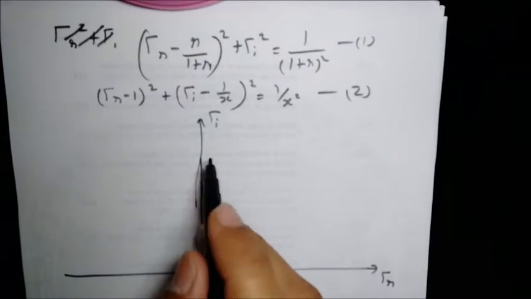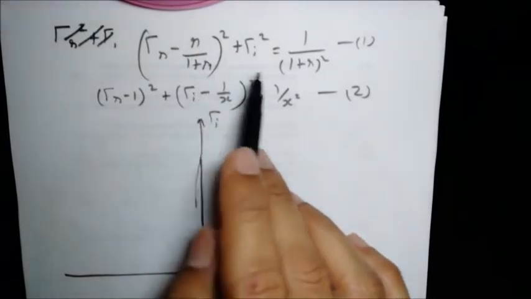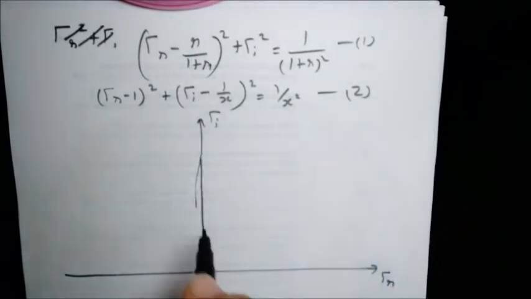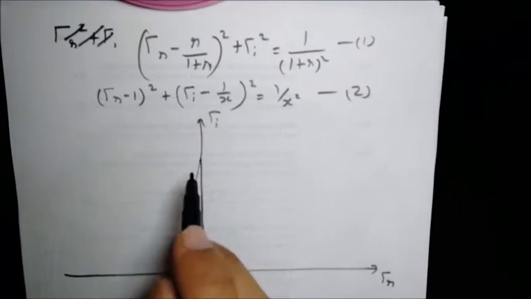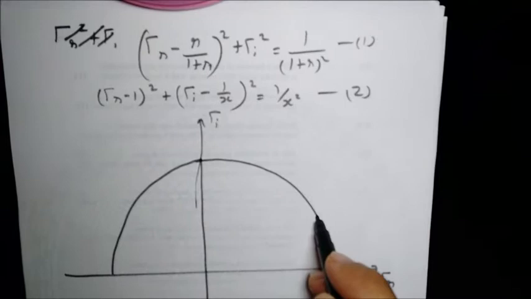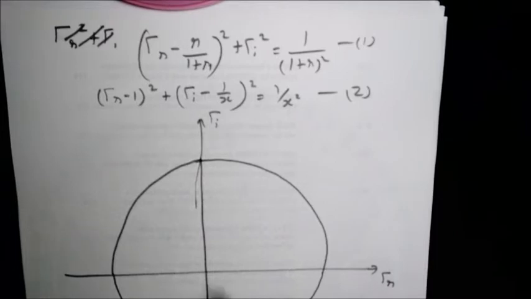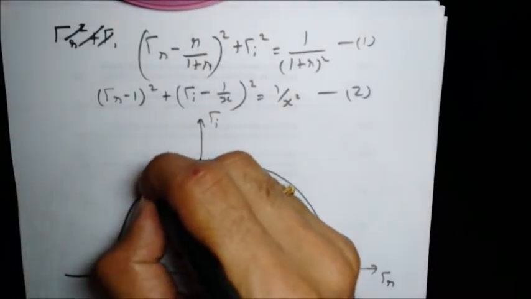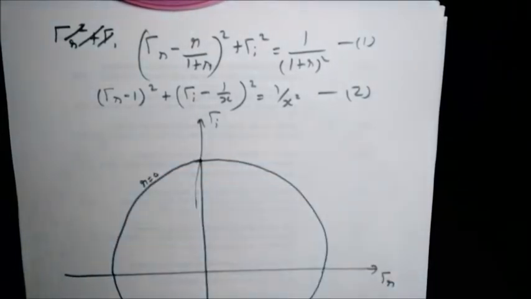It will be with its center at the origin and radius 1 unit. So that will be the unit circle. I'll just draw it roughly like this. And I'll just write somewhere here r equal to 0. So this is the circle for r equal to 0.